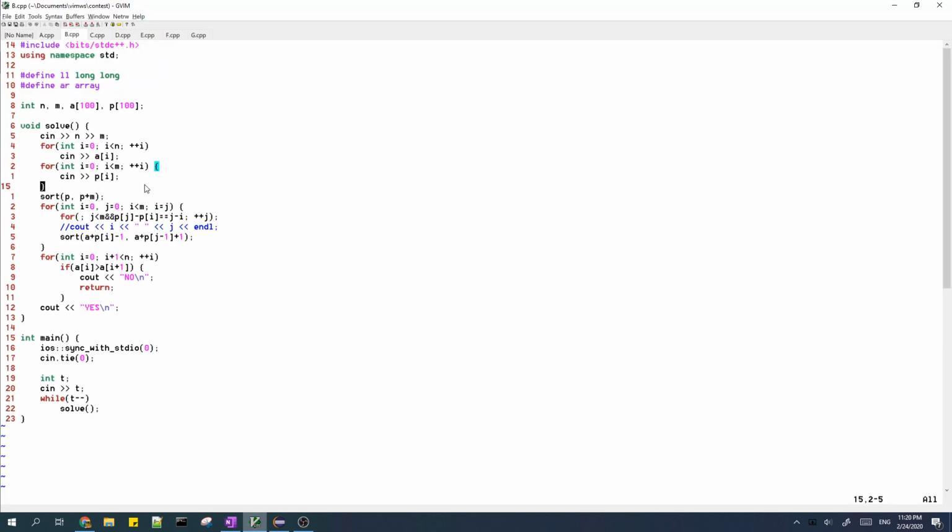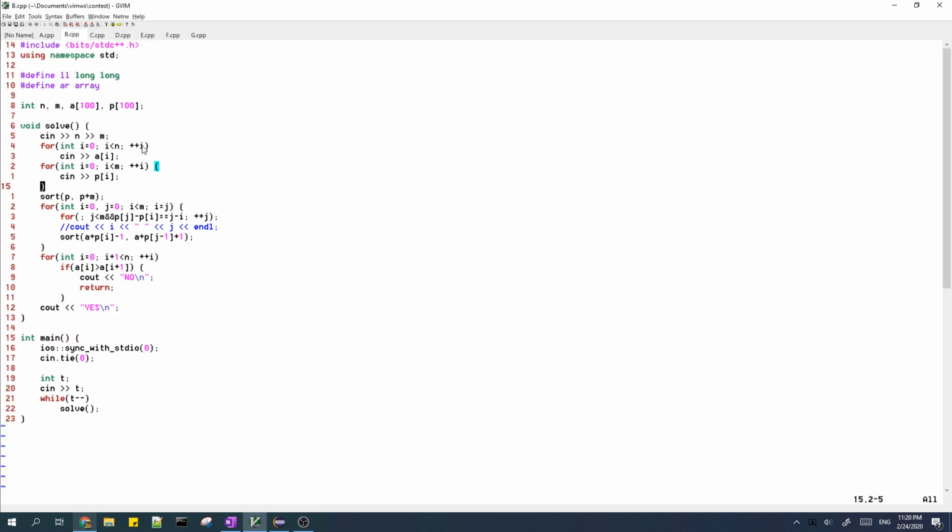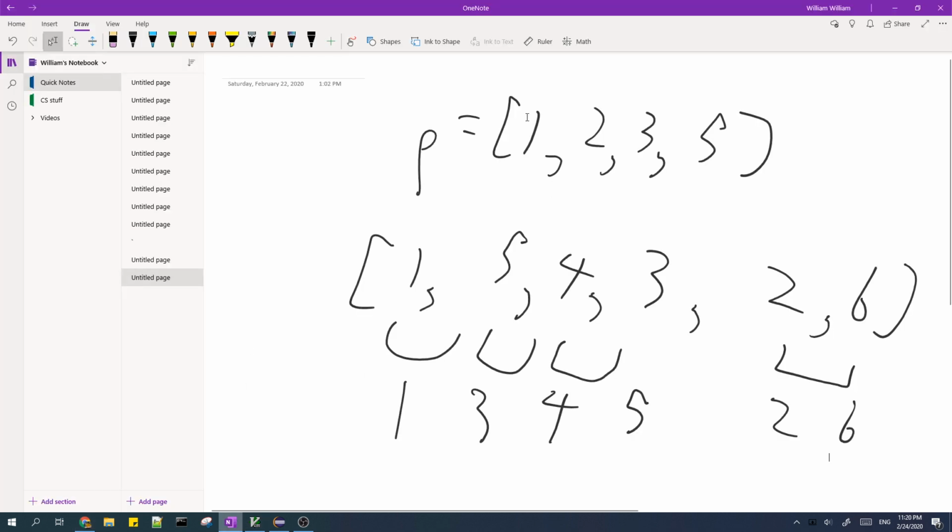And for the code, the constraints in B allowed for quadratic solutions to pass, but my code actually works in n log n. So first I sort P, then I start from the first element of P and find the maximum range of adjacent pairs.